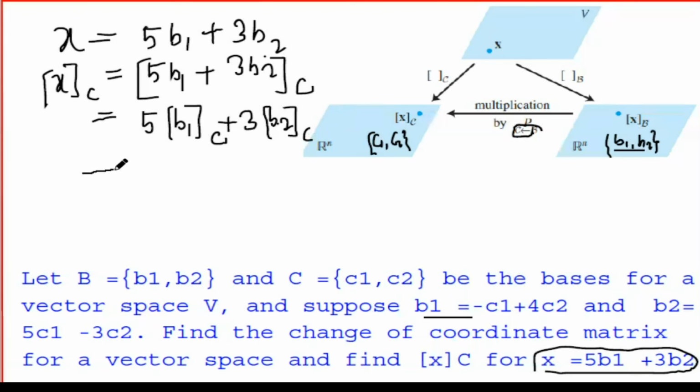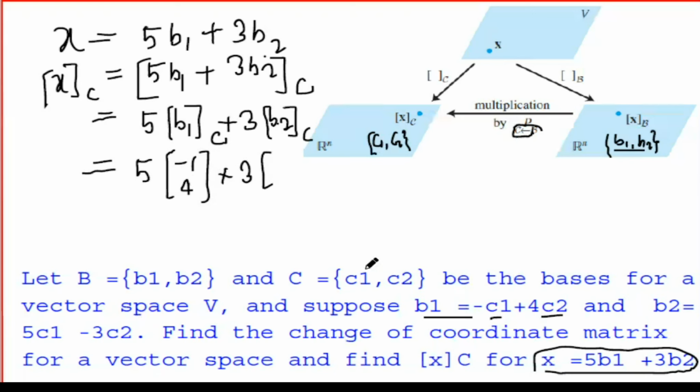The C coordinate for B1 is minus 1, 4, because C1 and C2 are the basis vectors. And 3 times the C coordinate for B2.